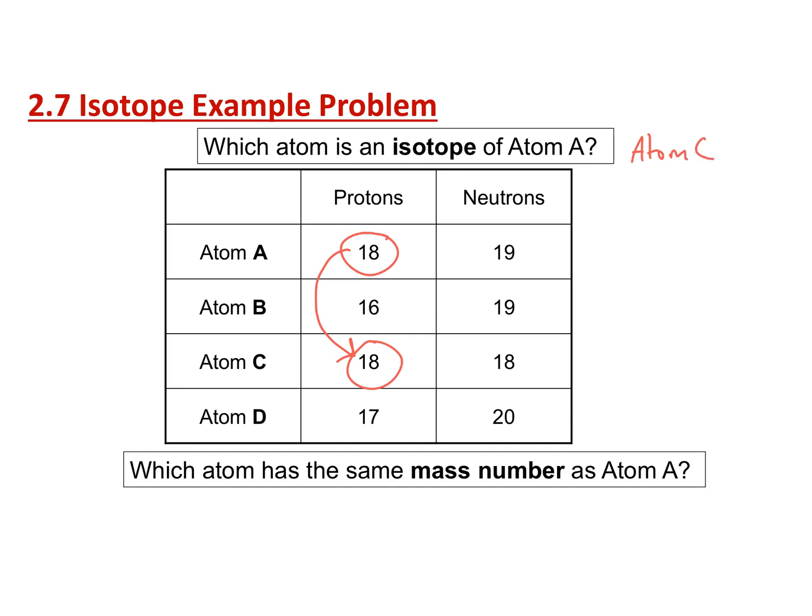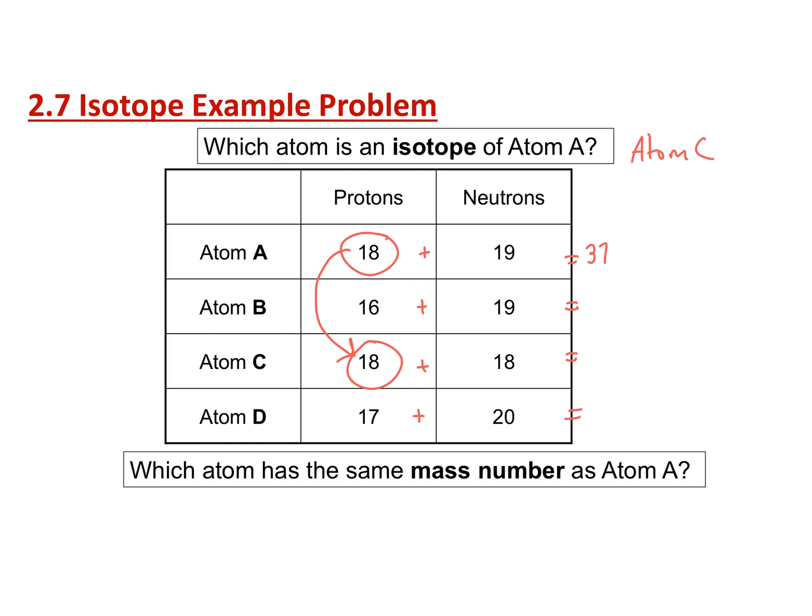Now for the next question, which atom has the same mass number as atom A? So remember, our mass number is determined by adding our number of protons and our neutrons together. So for atom A, 18 protons, 19 neutrons gives me a mass of 37.